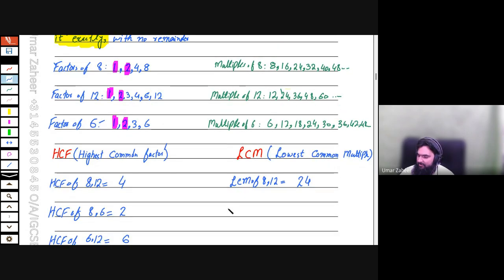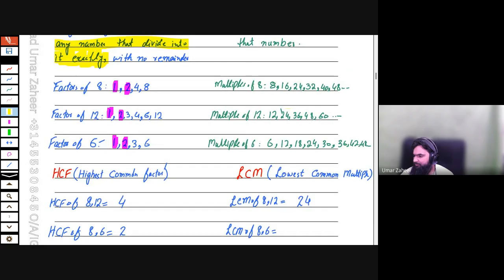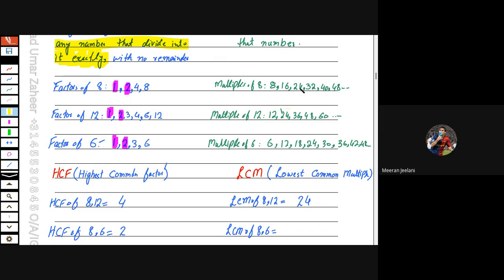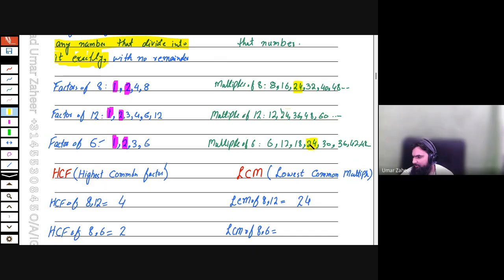In the same way, for example, if you are looking for the LCM of 8 and 6, so look here, we have 24, then we have 48.